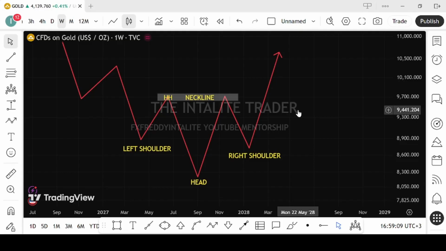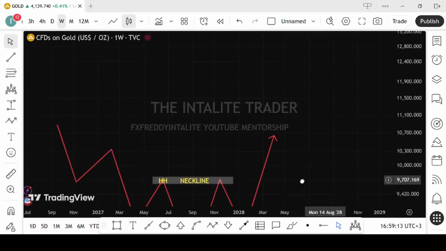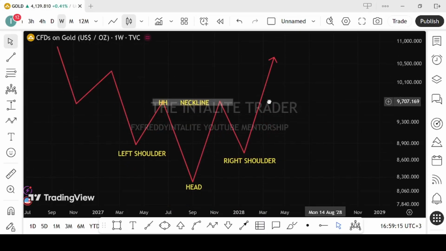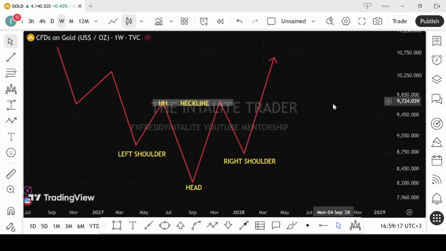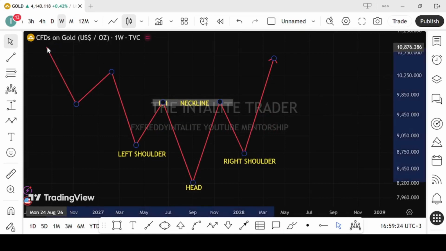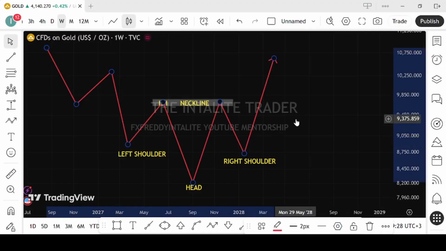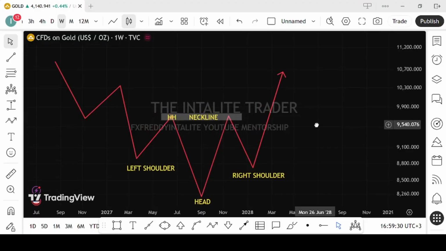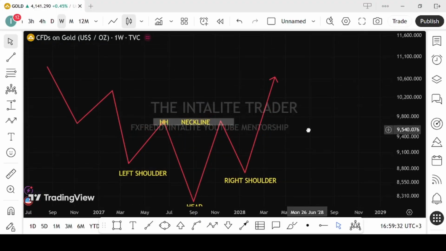No questions. Now, just like I taught you with the head and shoulder pattern, the same thing applies to this. It can also have some imperfectness.